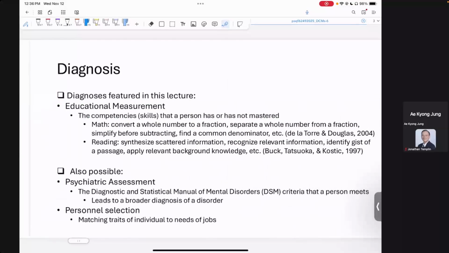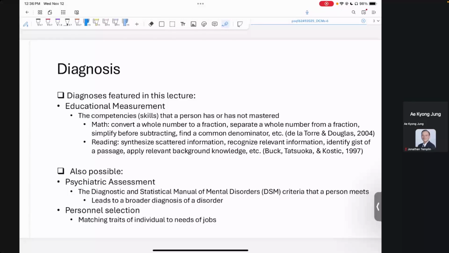So the purpose is diagnosis, as you can see from the name of the diagnostic classification model; we can diagnose people based on their latent traits. So we're going to focus on the educational measurement field where we need a diagnosis. There are some competencies or skills, latent traits, or latent characteristics that a person has or has not mastered.